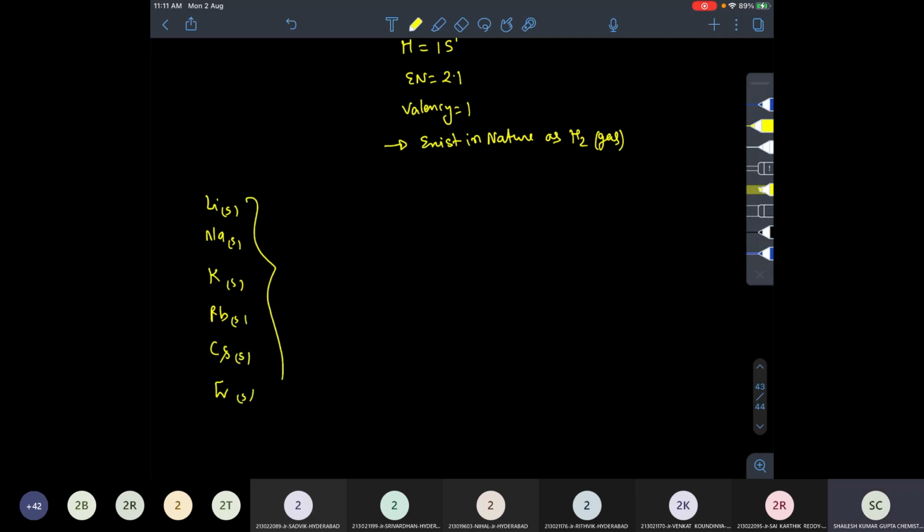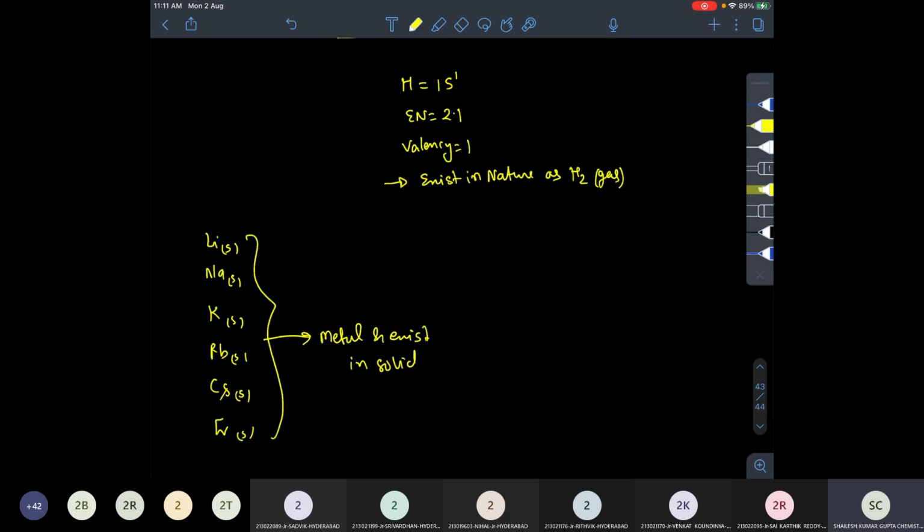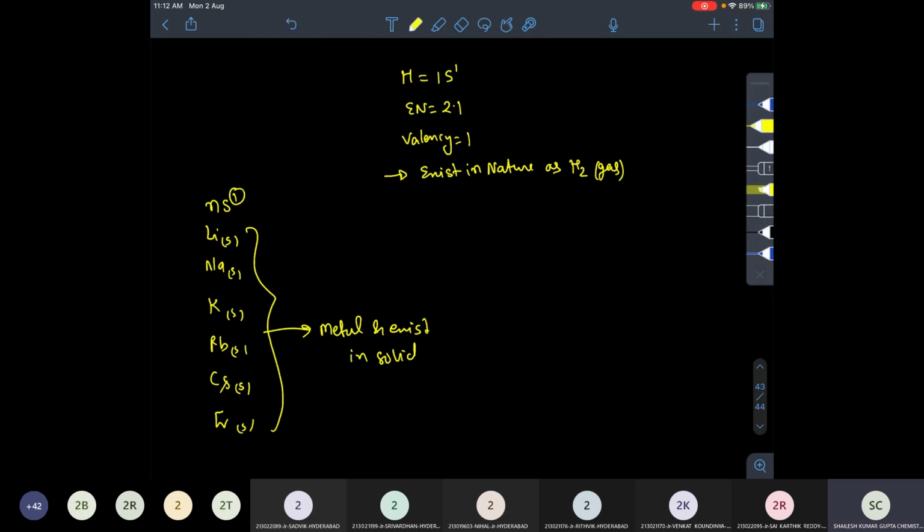This is not a similarity, this is a dissimilarity. So what is the common point? Just the configuration. The configuration is ns1. They are also monovalent like hydrogen, whereas H2 is a non-metal, my dear.